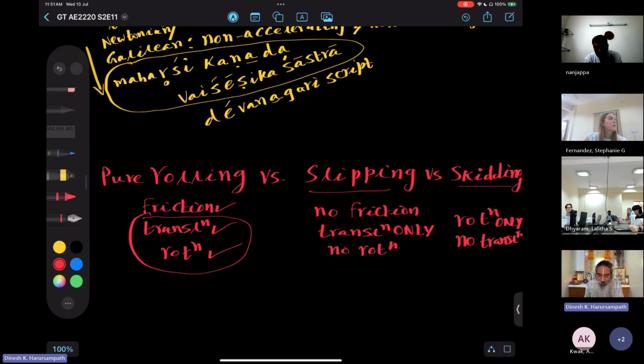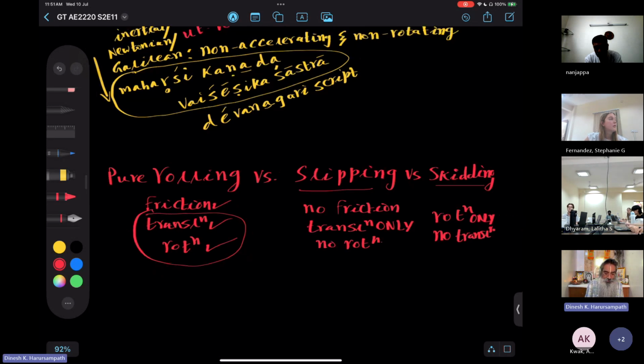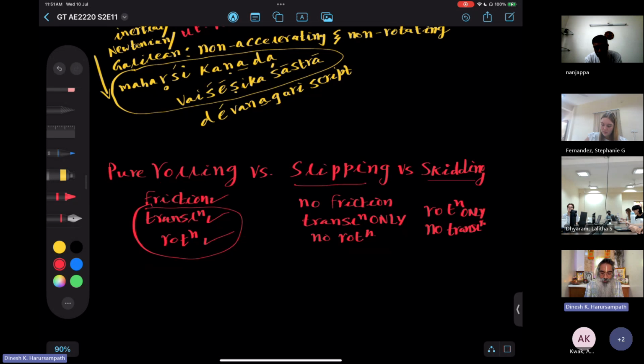Even though I'm just writing whatever you're saying, I'm not committing myself as to whether these are right or wrong. Even though I put those tick marks, it doesn't mean it's correct. I'm just saying that what one of you said, I think Nafis, is that there is friction, there is translation, and there is rotation, which is what those tick marks mean. But you're moving in the right direction.